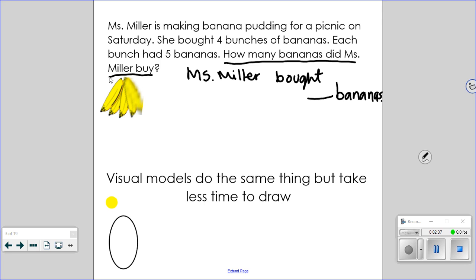It's not there for decoration. Why is there a blank in the middle of my sentence, Miranda? It's a missing number. It's a spot saver. My number is going to go in there when I figure it out, but I don't know what that is. Go ahead and write that answer sentence in your notebook, complete with a blank. Miss Miller bought blank bananas.